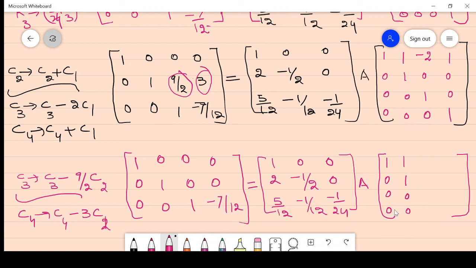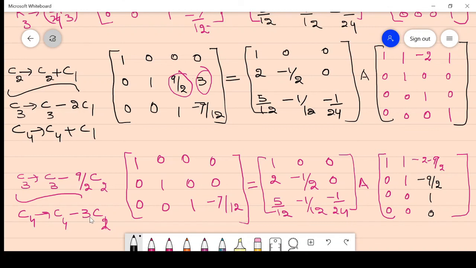Now C3 is C3 minus 9 by 2 into C2, so this is minus 2 minus 9 by 2 first term, and then 0 minus 9 by 2, so this is minus 9 by 2, again 1 minus 0, 1, and 0.